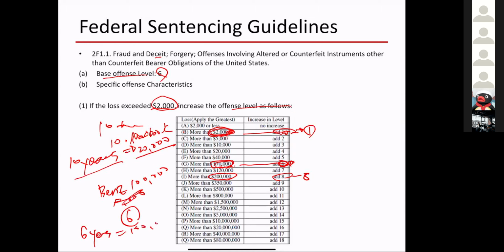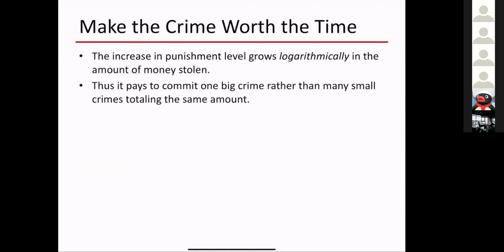See, you stole $20,000 and spent 10 years, but you stole $100,000 and spent 6 years. Which one do you prefer? If you want to be a bigger thief, right? Yeah. Okay. So make the crime worth the time.